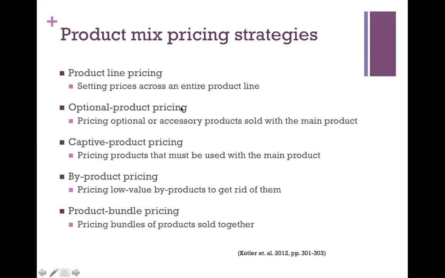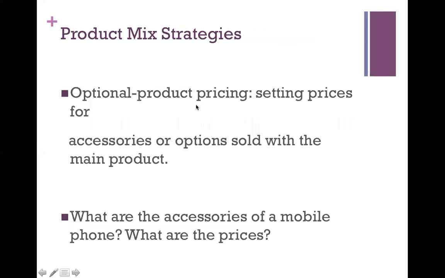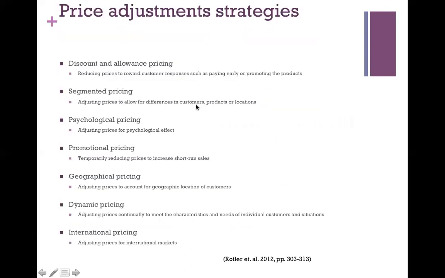And the next one is about the price adjustment strategy, and you can select one of them as well for you to demonstrate that you cover a number of issues in your pricing analysis.